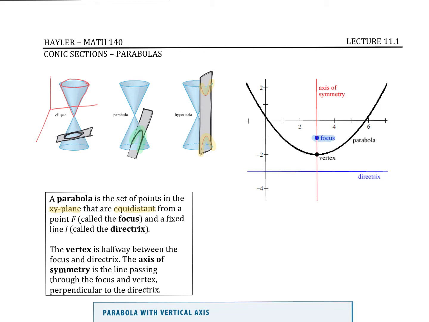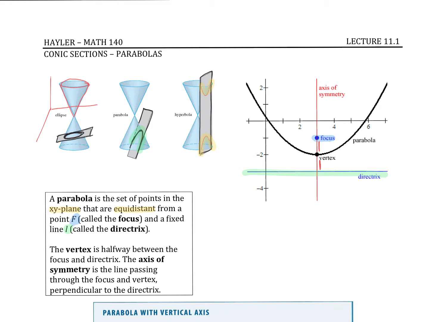So we have this point F called the focus, and a fixed line L called the directrix. Okay, L called the directrix. So a parabola is a set of points in the XY plane that are equidistant from the focus and the directrix. So the distance between here and here is the same along the entire line.